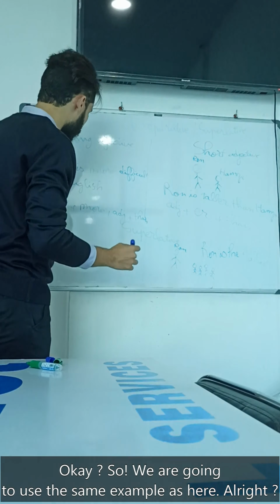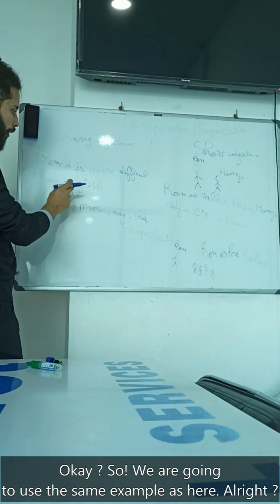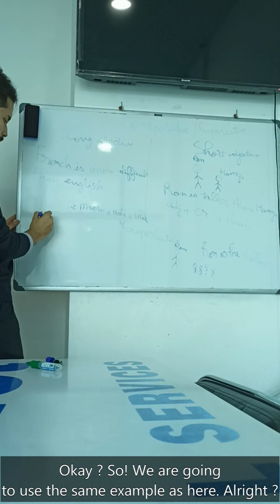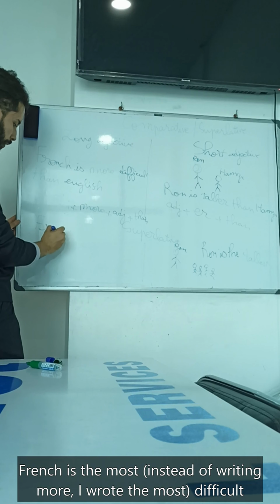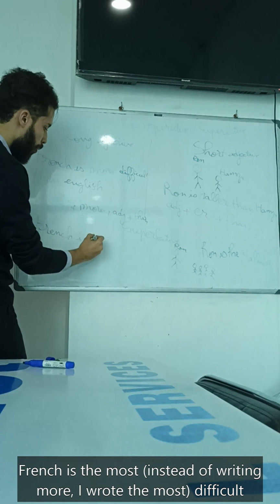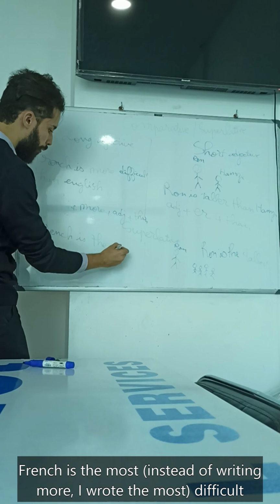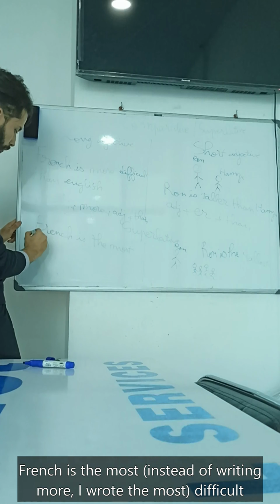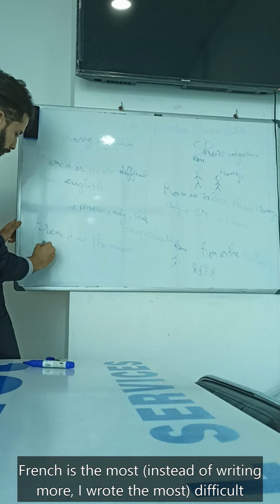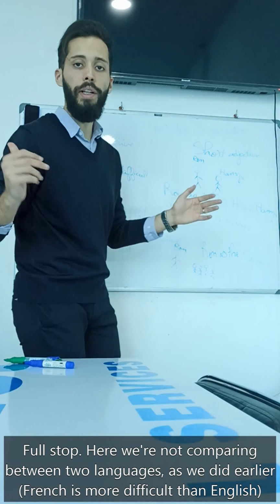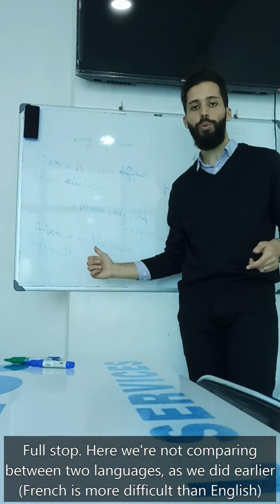Now we are going to see long adjective in superlative. Okay? So we are going to use the same example as here. All right. French is the most difficult. Instead of writing more, I wrote most. Full stop. Here we're not comparing between two languages.